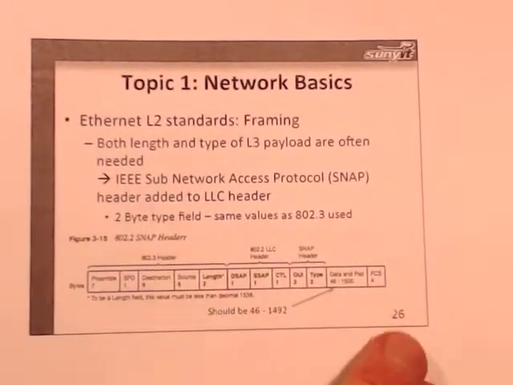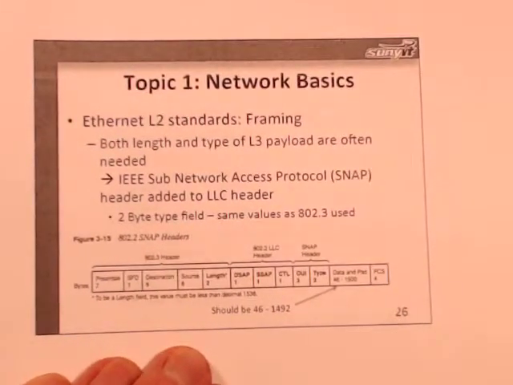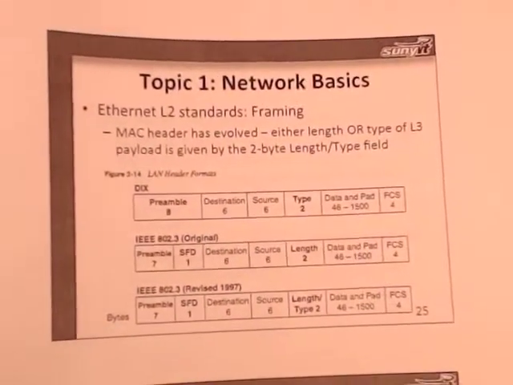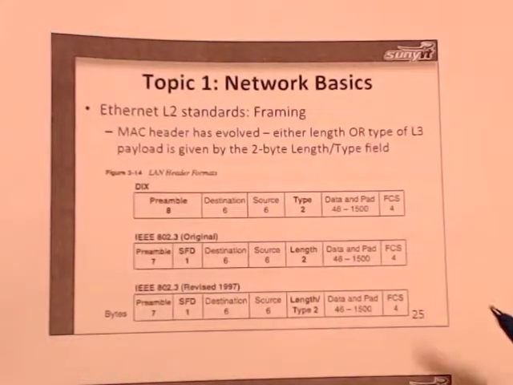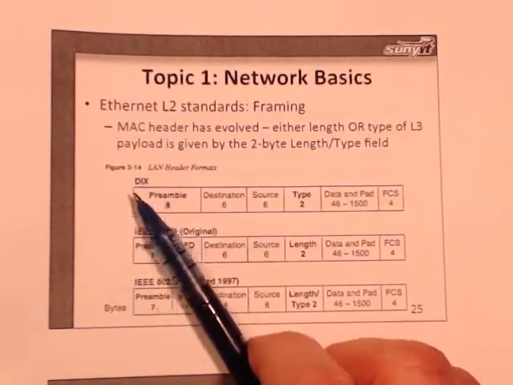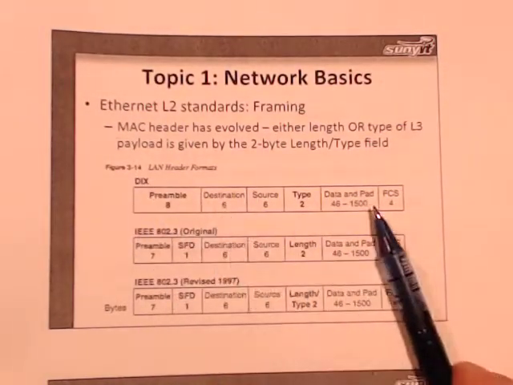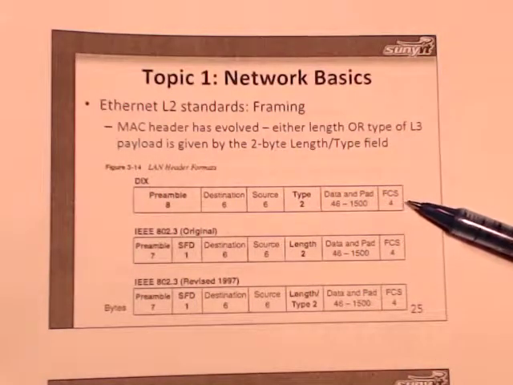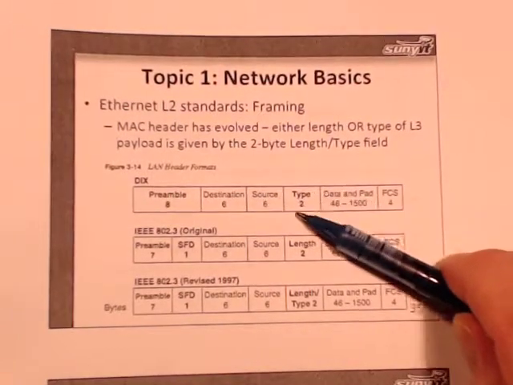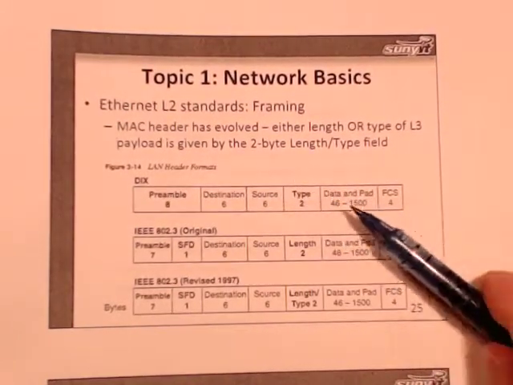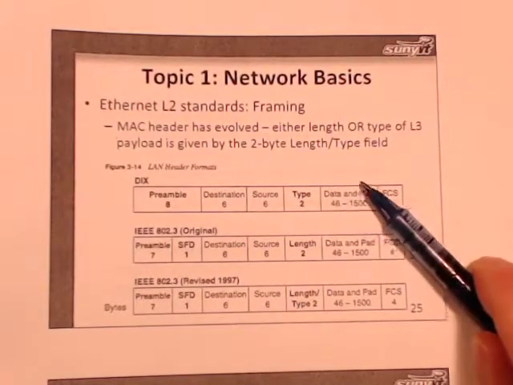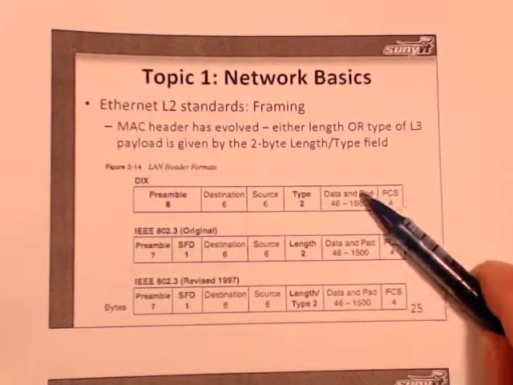In topic 1, slide 26, the previous slide shows that in the original, I guess it's called a DIX format for the Ethernet header, we have 2 bytes which tell the type of payload which is in here. And in here we have payload from a higher layer, which would be layer 3.